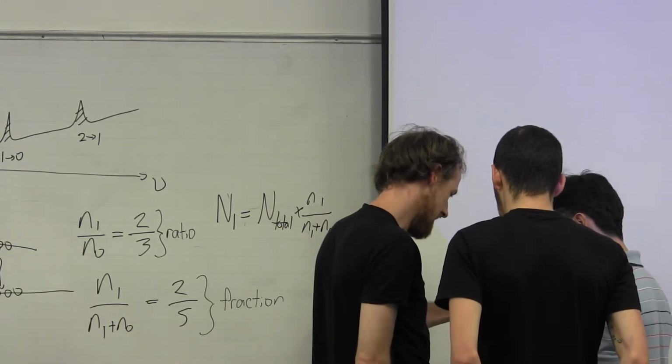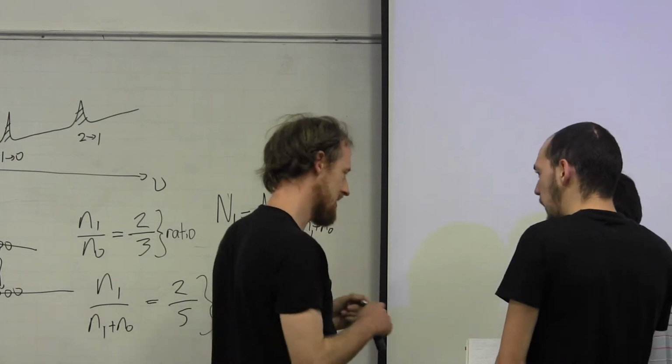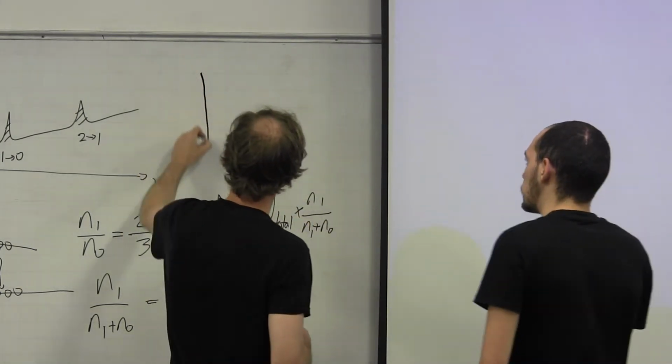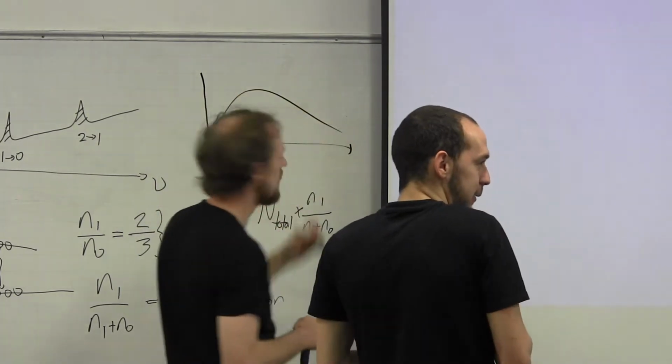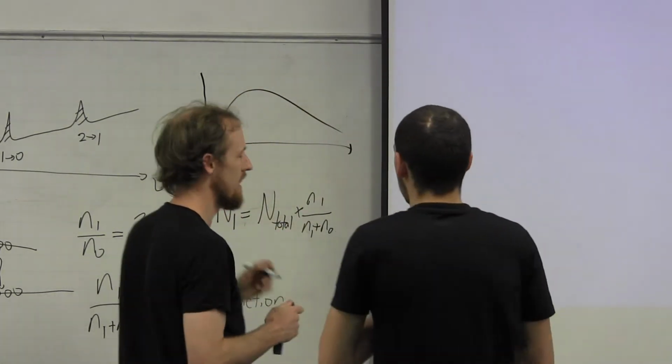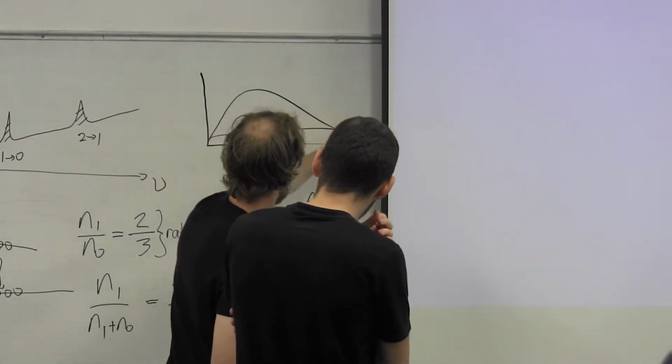Including the effect of the degeneracies. Yes. So maybe what it's saying is, if you had the Boltzmann distribution, it looks like this. And if you had a higher temperature, I guess it looks like this, right?